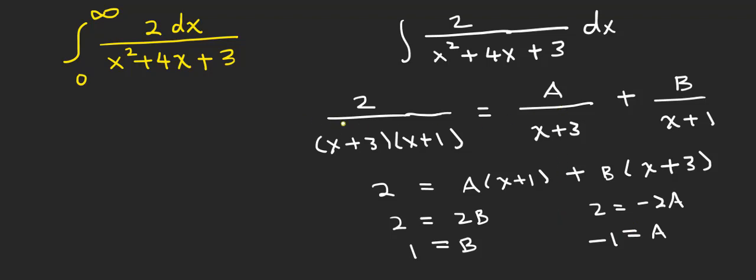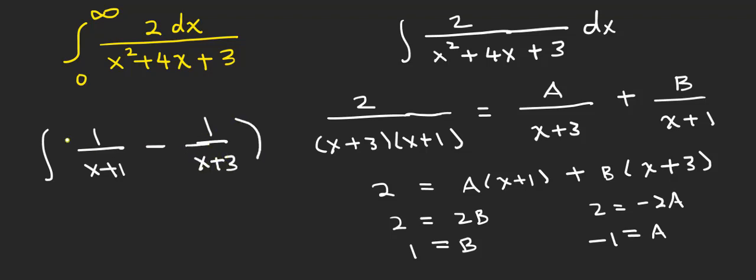So what I'm going to do is put negative 1 for a and 1 for b, and you end up getting the integral of 1 over x plus 1 minus 1 over x plus 3, that whole thing dx. Now remember though, we're going from 0 to infinity, so I'm just going to say 0 to b for now.